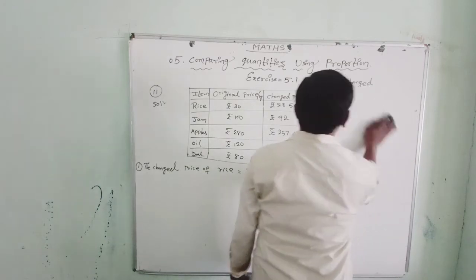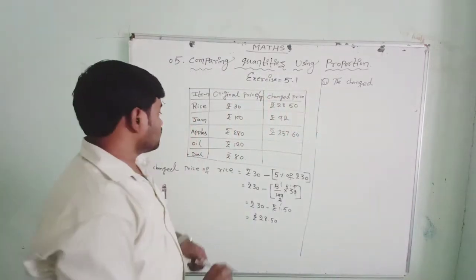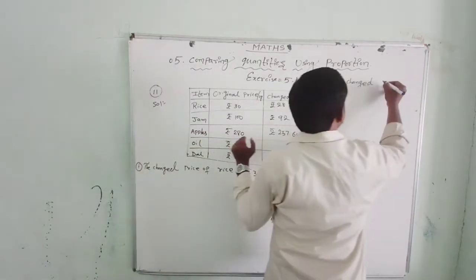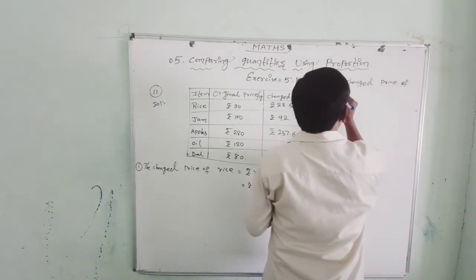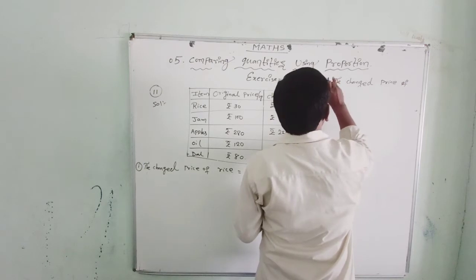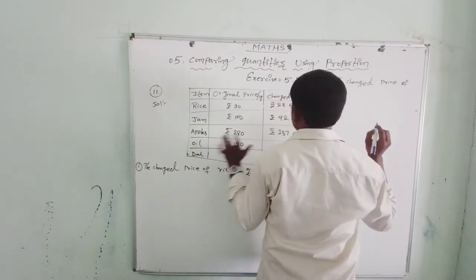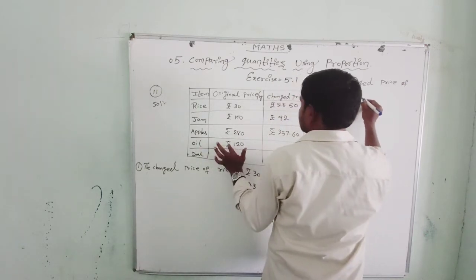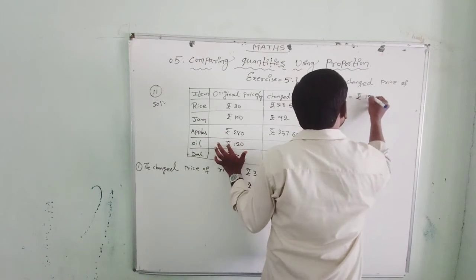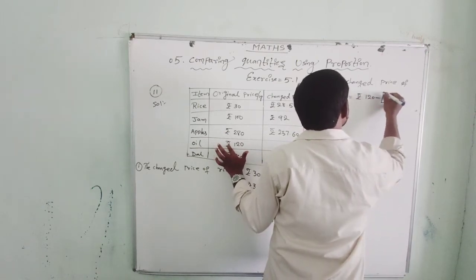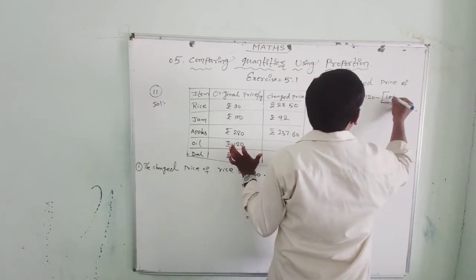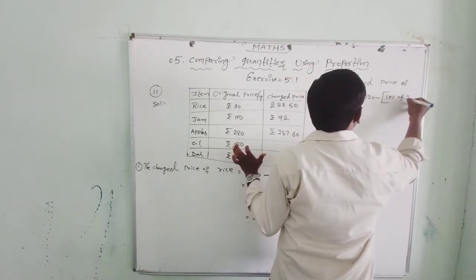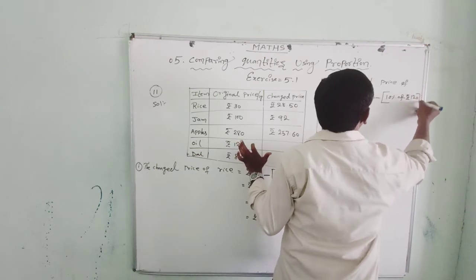The changed price of oil, the fourth one, oil equal to rupees 120 minus how much percentage? 10% of rupees 120.